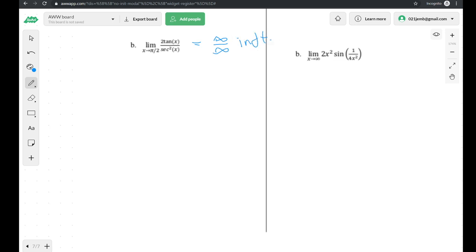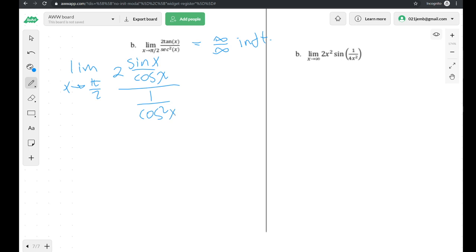But the problem with this is that it's too complicated. You don't want to complicate yourself in the exam. So see if you can simplify the expression first. If not, then go ahead and use L'Hopital. As you can see, this is the limit as x goes to pi over 2 of 2 times tangent of x, which is sine of x divided by cosine x, all of that divided by secant squared x, which is essentially 1 over cosine squared x.